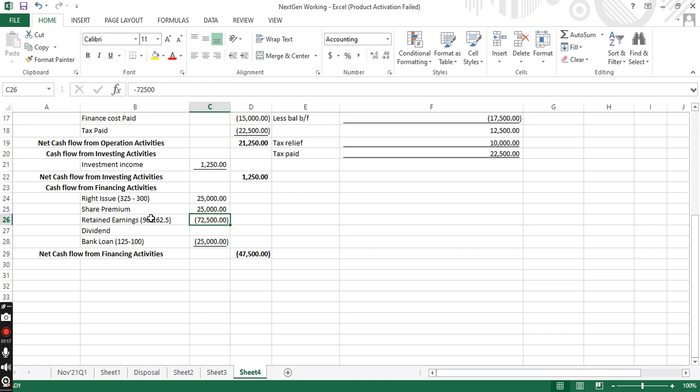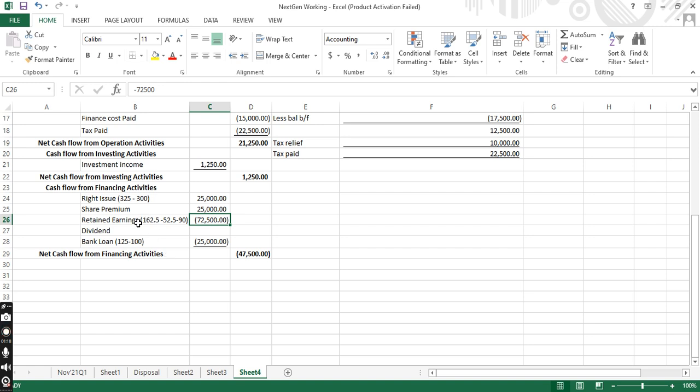So if I deduct 52,500, which is the loss for the year, and then I deduct what I have as the closing balance of 90,000, what is the difference? The difference is my dividend paid.